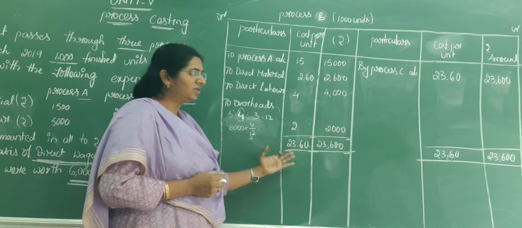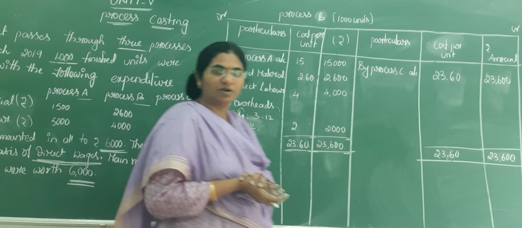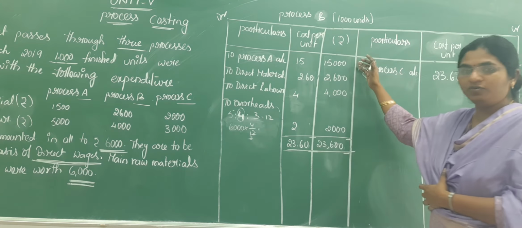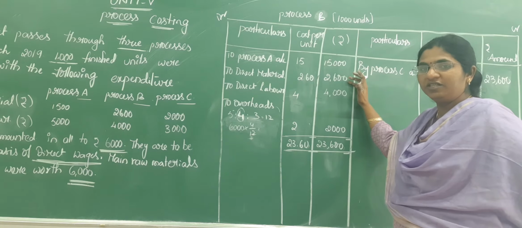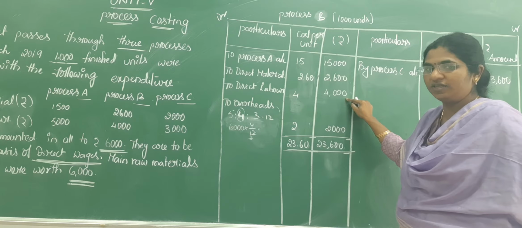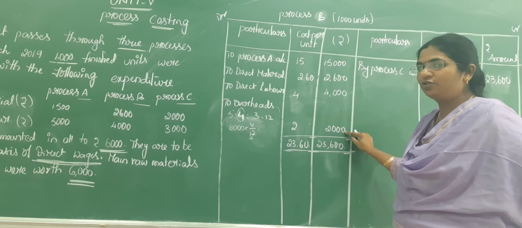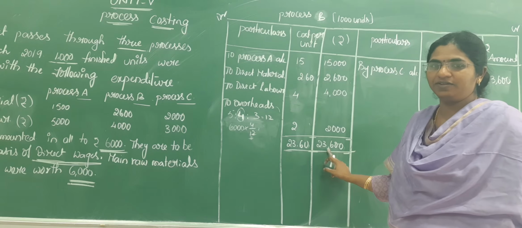So let us total it. If we total the amount 15,000 which we transfer from process A, then direct material 2,600, direct labor 4,000 and overheads are 2,000. Total it is 23,600.